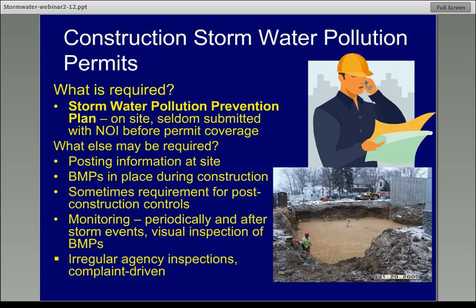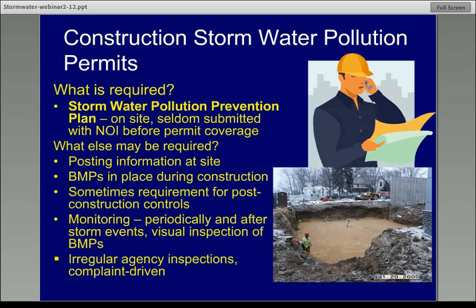So one of the big changes that we've tried to push for in state programs is how plans need to come in and how there need to be a certain number of days that are allowed, say 2 weeks before permit coverage is granted, because otherwise there's, in many states, automatic permit coverage once the application comes in, the notice of intent, and there's not sufficient, if any, review of the stormwater management plan.